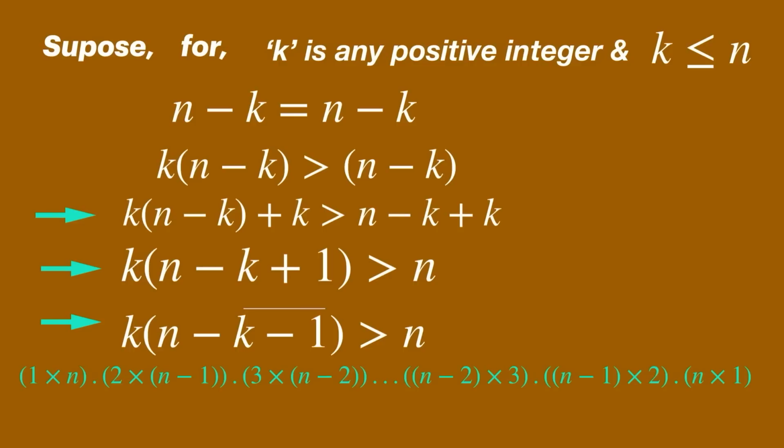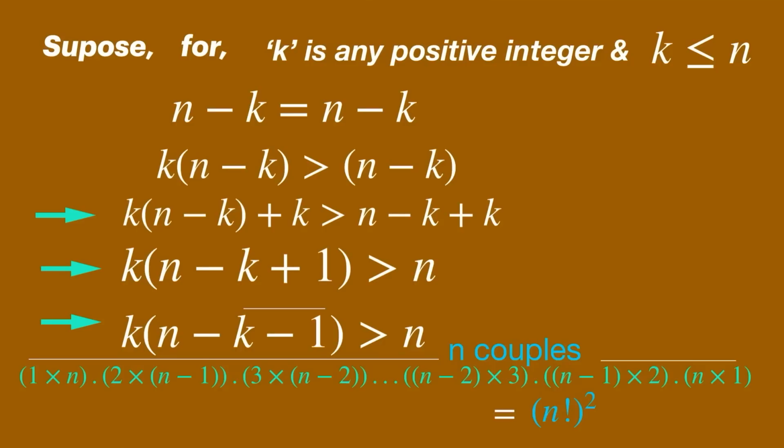Here are n couples, and you see every couple of the expanded expression of 2 times multiplied factorial n, that is factorial n square. So every couple can be expressed in the form of k into n minus k minus 1, and here are n couples. So for n couples, that would be n times multiplied, that would be greater than n times multiplied n.